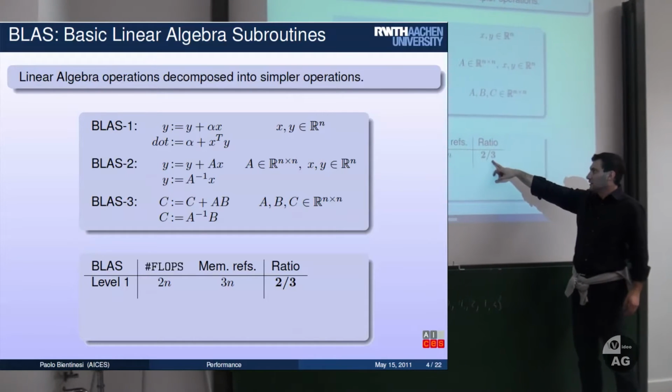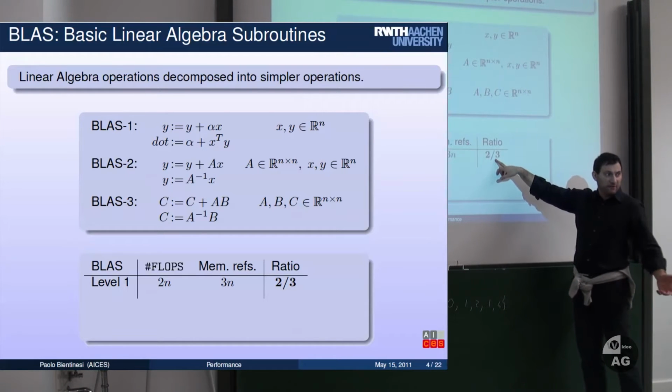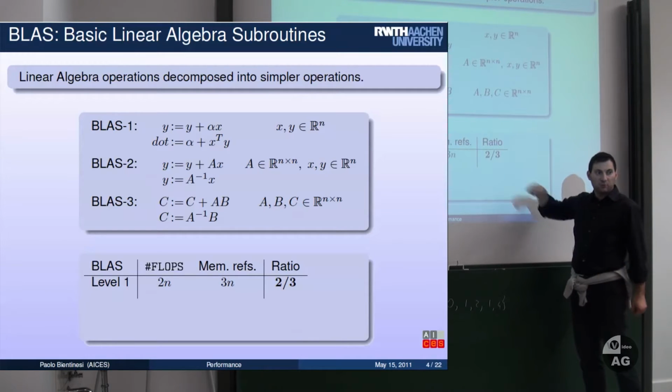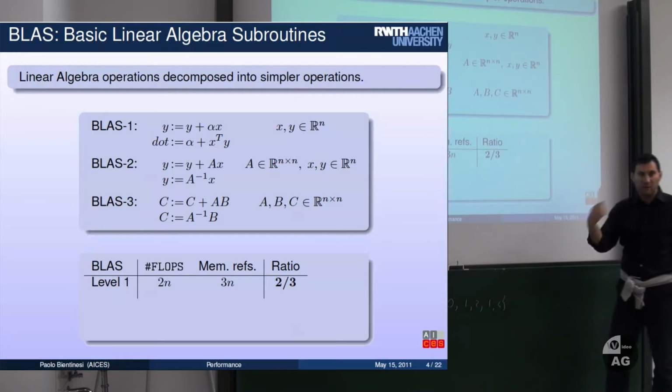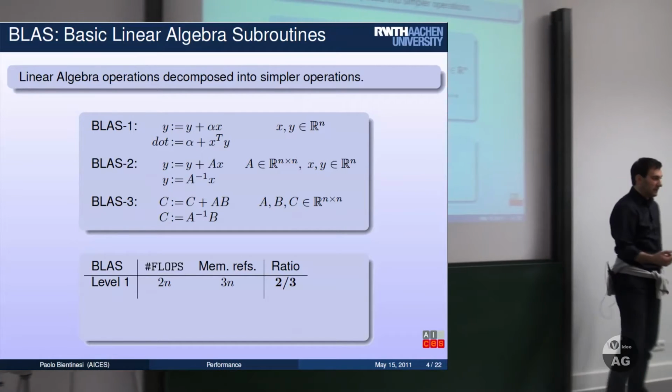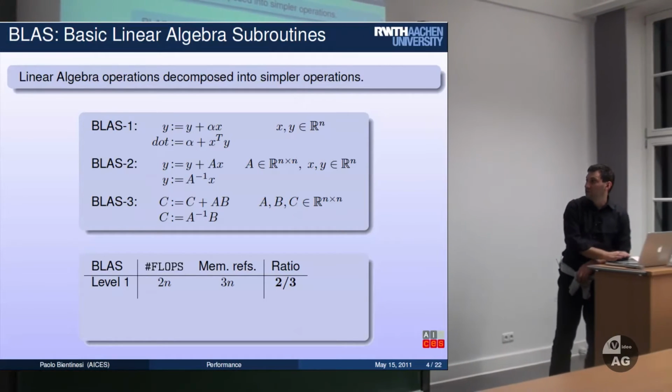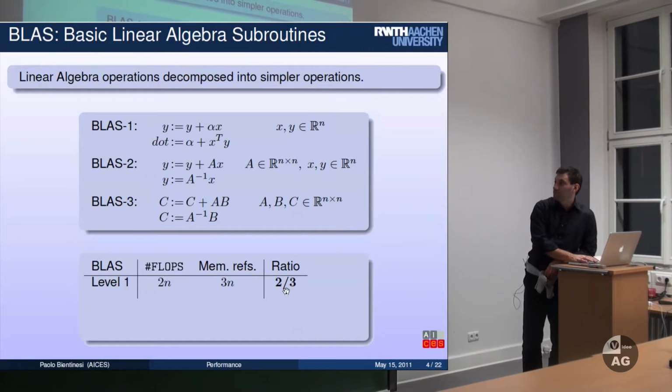It means that you're, on average, not performing even one operation per memory access. That's not a very convenient situation. This is not true only for AXPY. It pretty much holds for all the BLAS 1 operations.